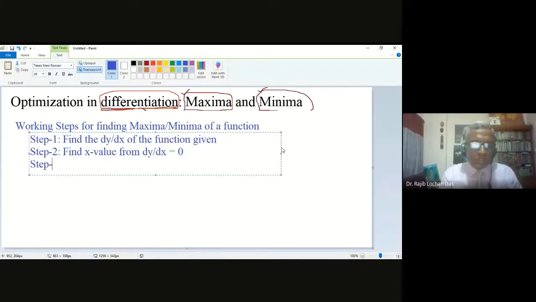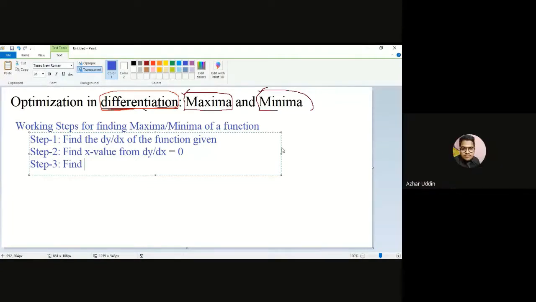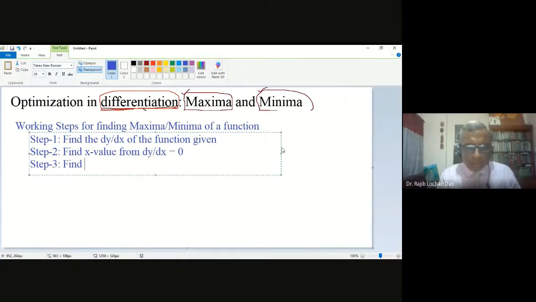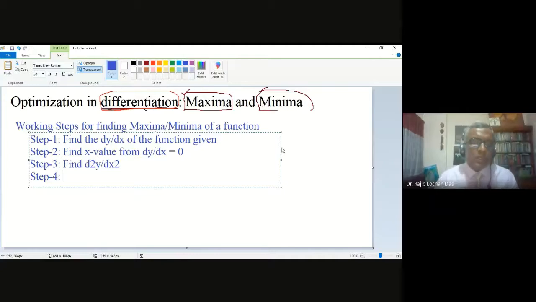Step number 3 will be to find d2y dx2. That is the third step. d2 means the power, the second derivative.